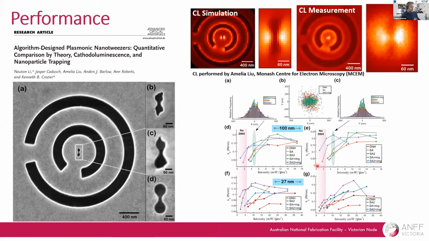And the important part of these metrics that I want to highlight here is that down here, in these very, very low intensity regimes, we're able to get nanoparticle trapping with these plasmonic structures, whereas the more intuitive double nanoholes cannot achieve coupling at these very, very low laser powers.